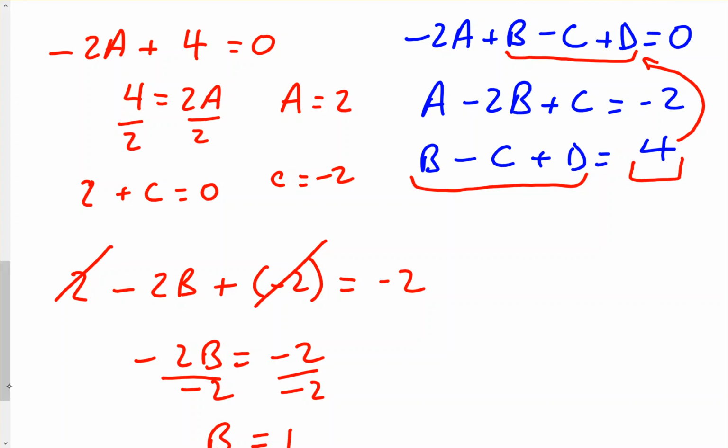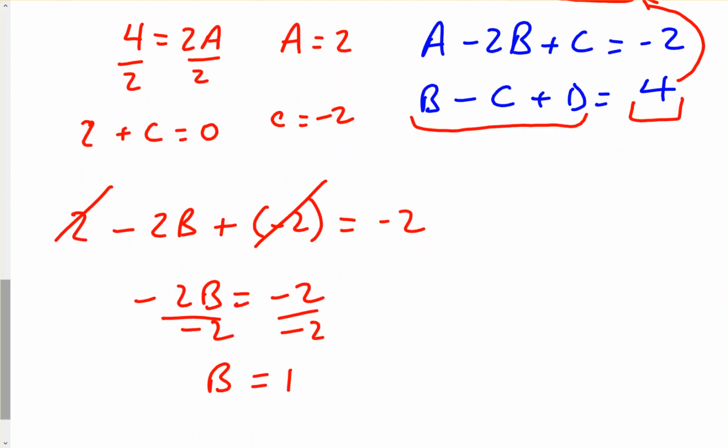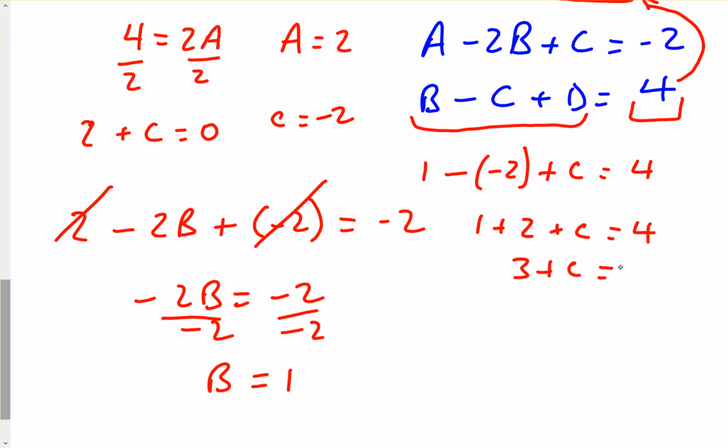And now let's solve for d. So here's the bottom equation. So we have b is 1 minus c, which is negative 2, plus d equals 4. The minus and negative is plus, so 1 plus 2 plus d equals 4. 3 plus d equals 4.